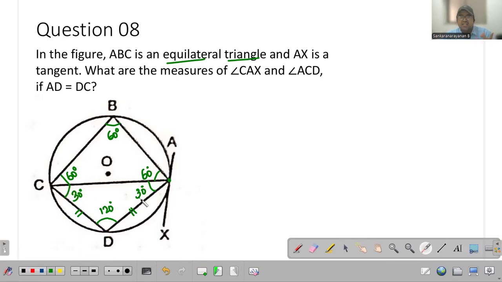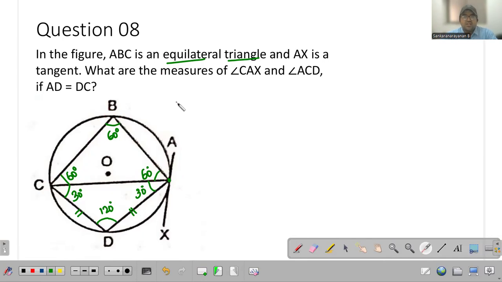So the base angles are equal, right? So now I got this value here as 30. So totally, I can consider that BCD is 60 plus 30, 90. BAD, 60 plus 30, 90. I got it. Okay, so they cut at 90 degrees.